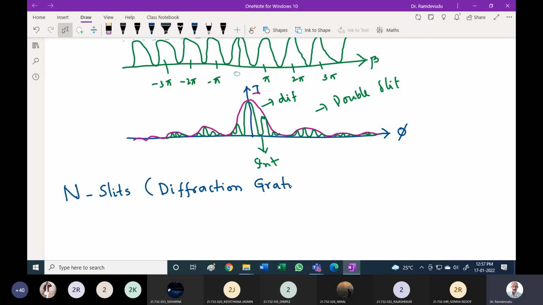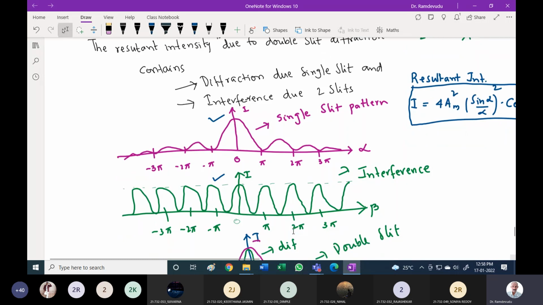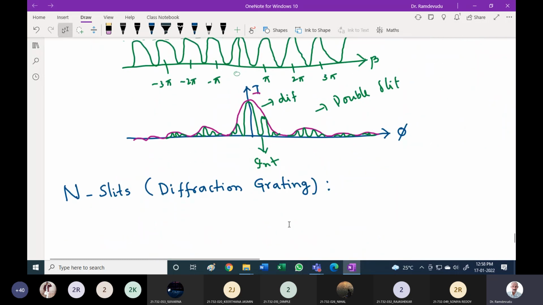Now what happens? We have to see the conditions for maxima, minima and secondary maxima for N slits. Remember that it's very easy because N slits will have N single slits. So I have a similar diffraction pattern due to single slit, but all N slits together will give the interference due to multiple sources.